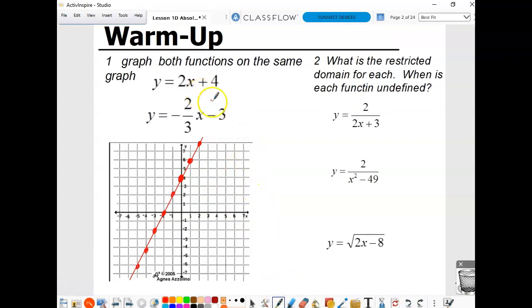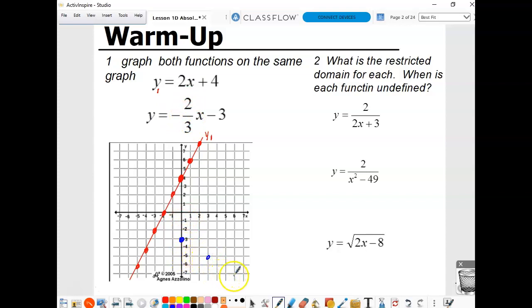Now, I'm going to have to put 2 equations on the same graph. So I'm just going to label this one y1 so I can tell the difference, and that way I don't have to write the whole equation. For my second one, it looks like my y-intercept is at -3, so I'm going to put a point at -3. It looks like my slope is -2/3, so that means I'm going to go down 2 and then over 3. So down 2 and over 1, 2, 3.